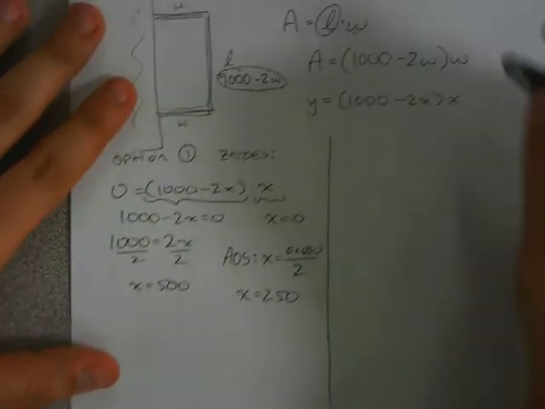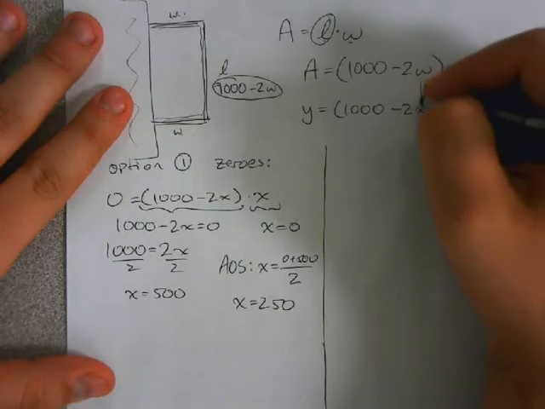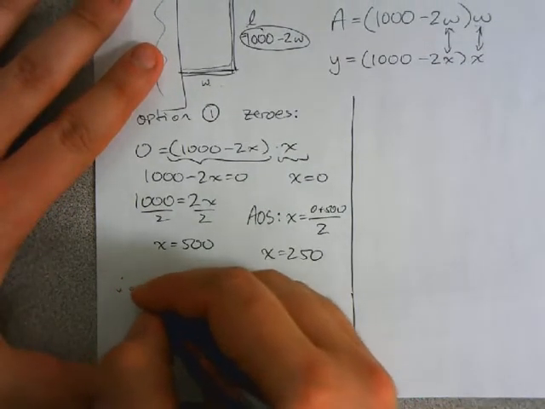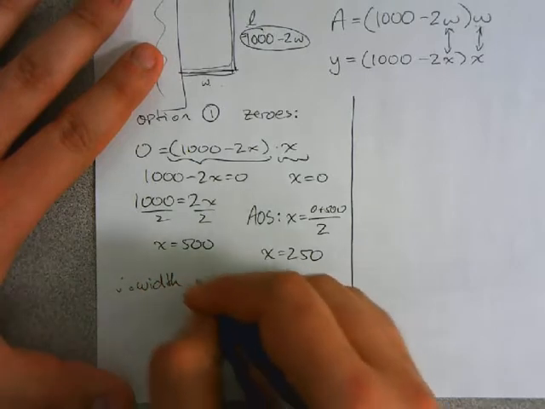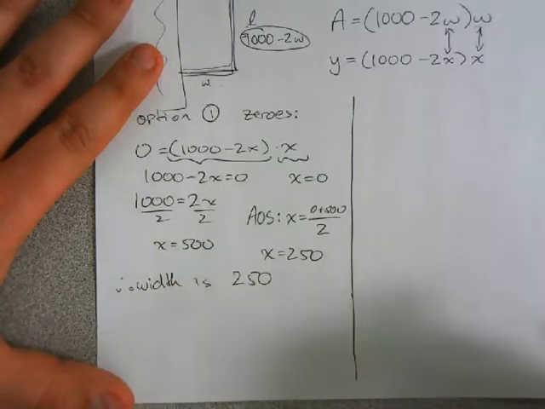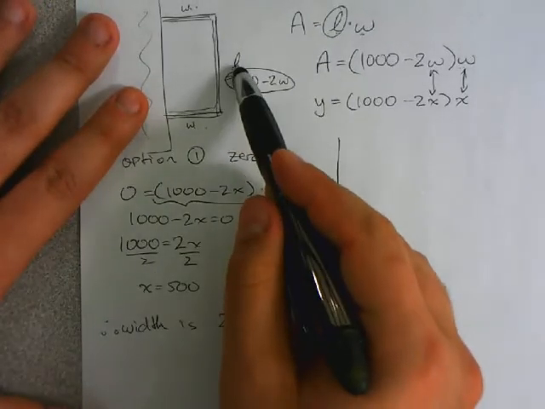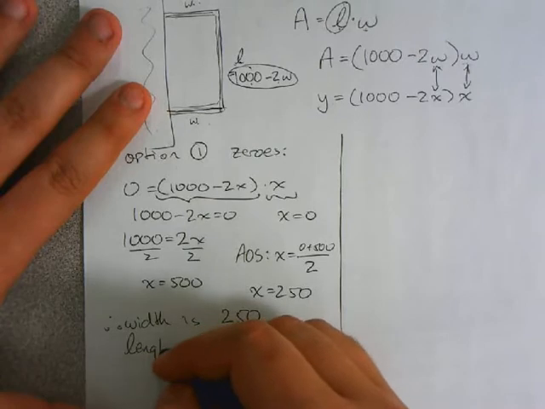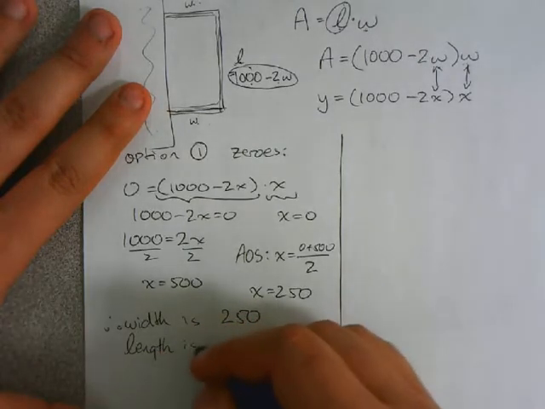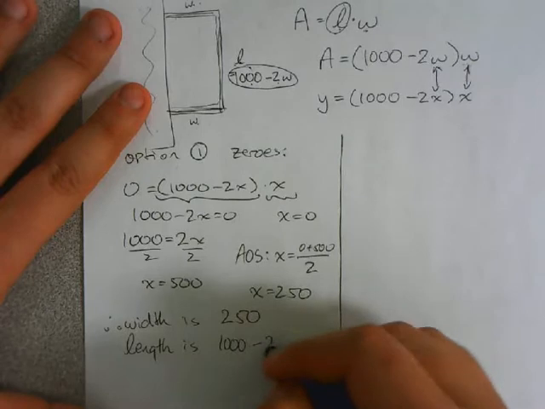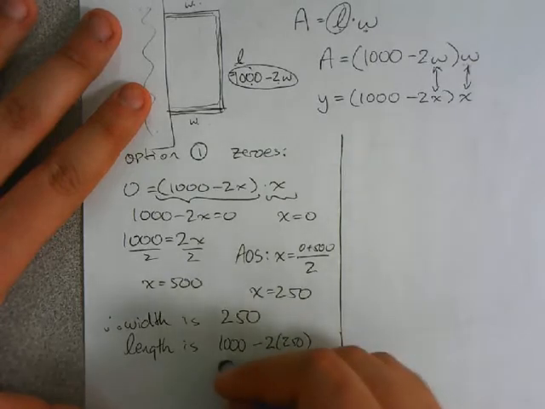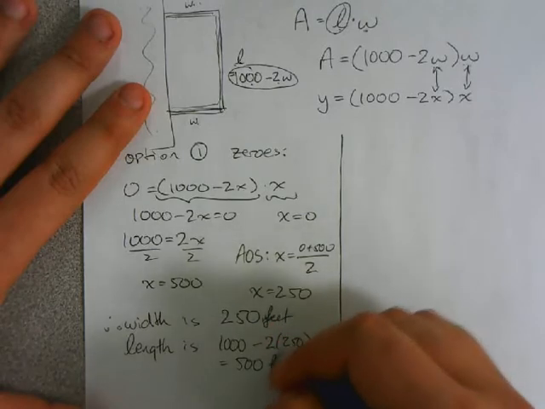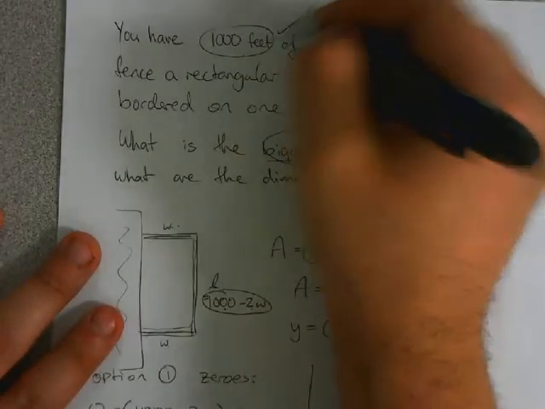Now remember up here, x actually means the width. So that means the width is 250. Now remember the length was 1,000 minus 2 widths. So the length is 1,000 minus 2 times 250, so 500. And this is all in feet, because my original question was in feet.